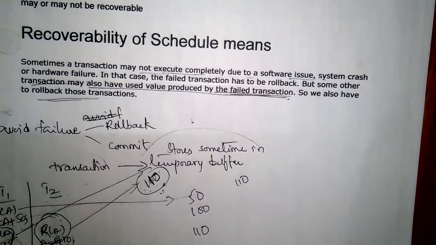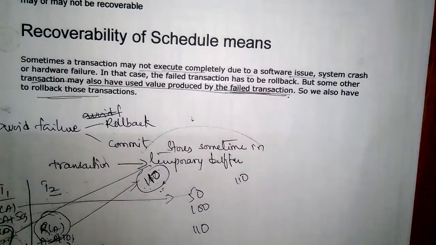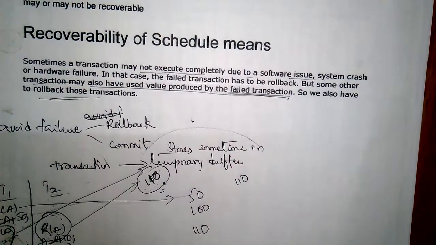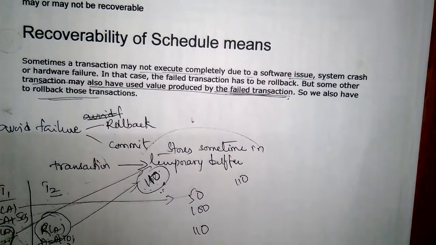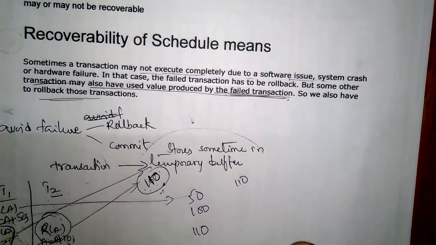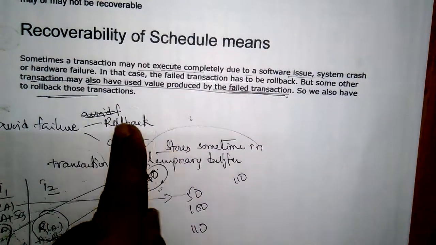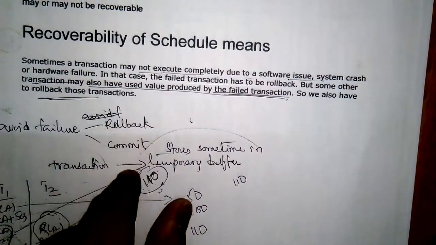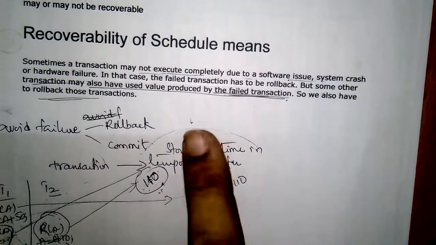That means permanently stored in the database. Or if a transaction fails, you roll back, that means you undo the changes in the database to the previous state, or you abort the transaction.